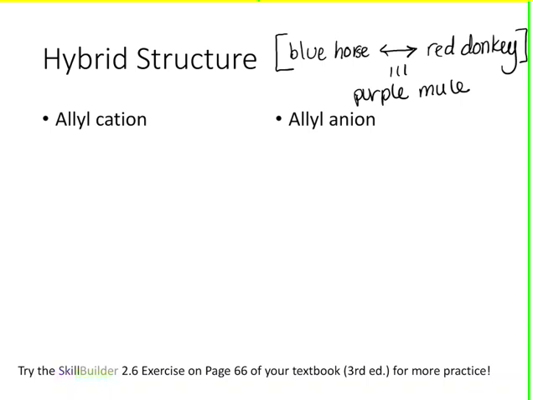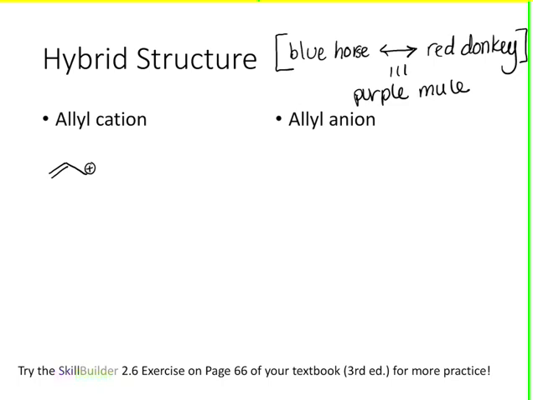Okay, so let's look at the two examples we saw in the last video. We had our allyl cation, which had a double bond and a single bond. And then one of the carbons was positively charged, so it was missing an electron. Now, we also saw that two of the carbons were sharing that positive charge.